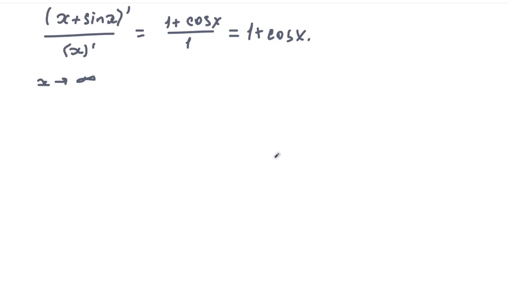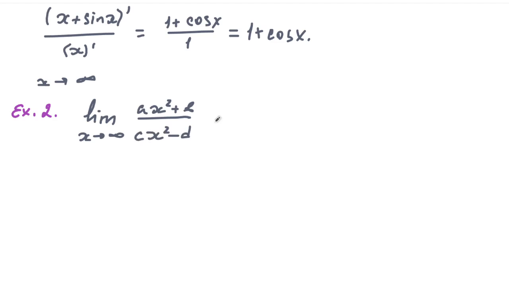Example 2. Find limit as x approaches infinity of ax squared plus b over cx squared minus d. It is the indeterminate form of infinity over infinity.